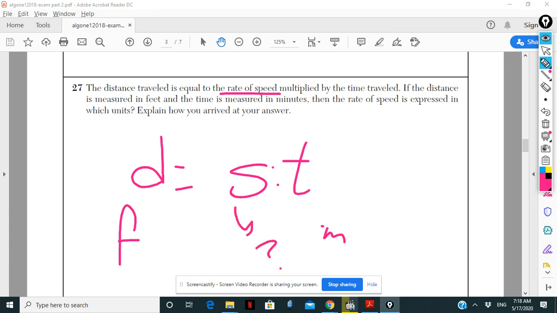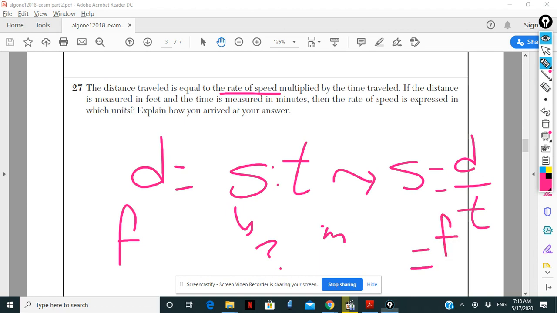So I'm going to write the formula another way. I'm dividing both sides by t, giving me s equals d over t. Now the distance is in feet and the time in minutes, so the unit is feet per minute. Okay, that's question number 27.